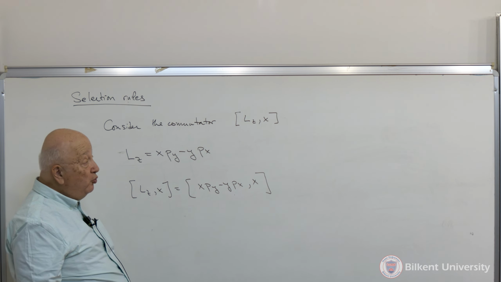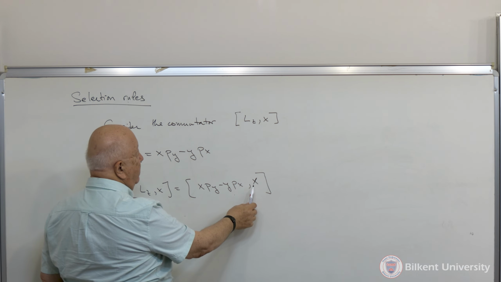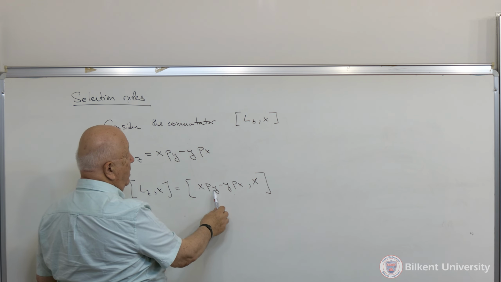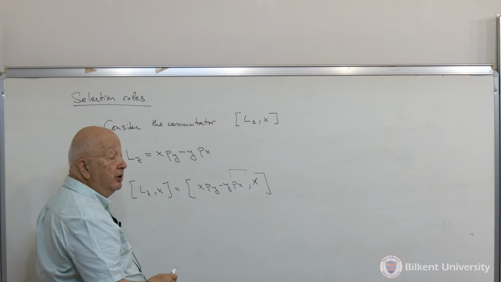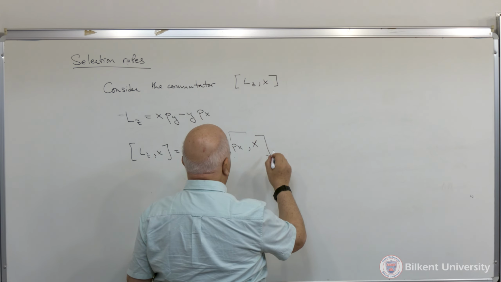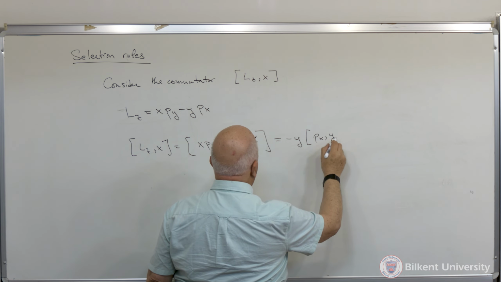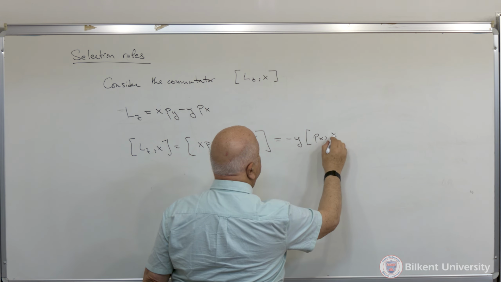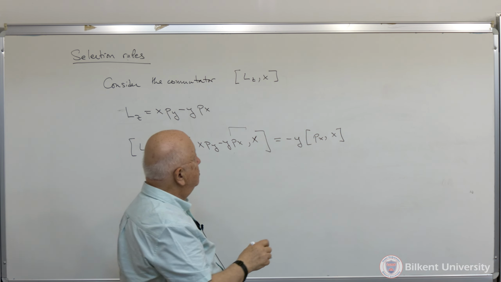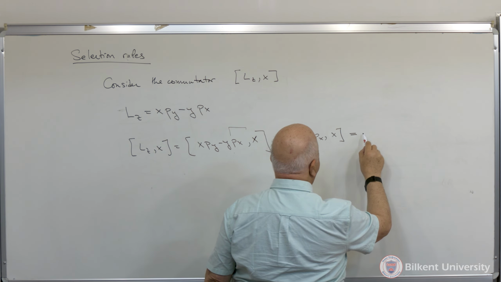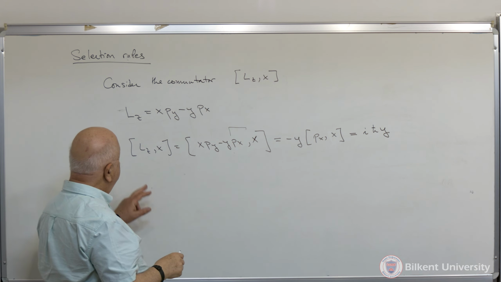So the only thing that doesn't commute here, because I have x on the right hand side, x will commute with y and py. It will certainly commute with itself, but it will not commute with px, right? So this is going to give me minus y px x. So this just gives i h bar, but it's in the wrong order. So it involves a minus sign, so it's going to be i h bar y.